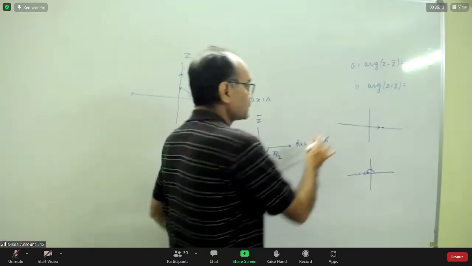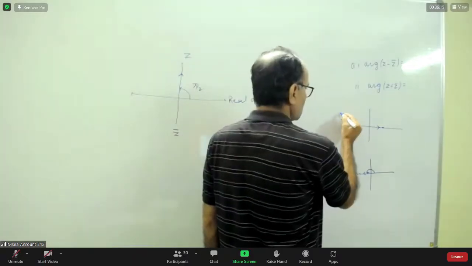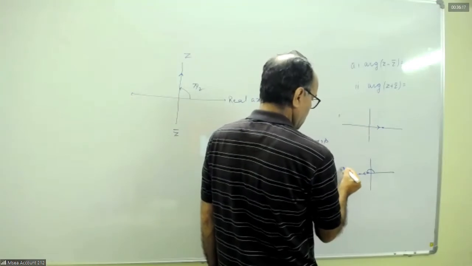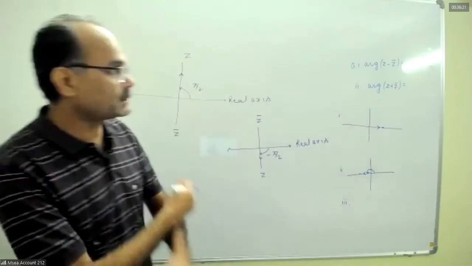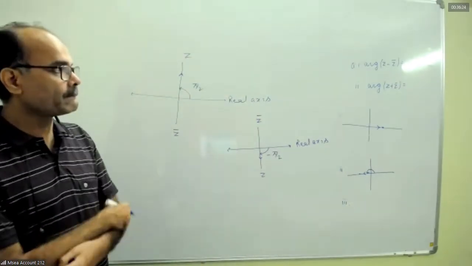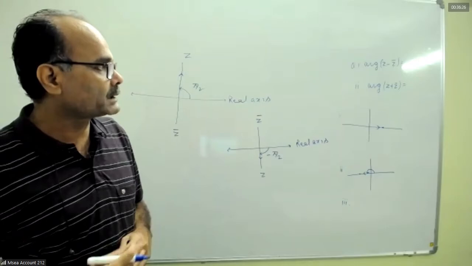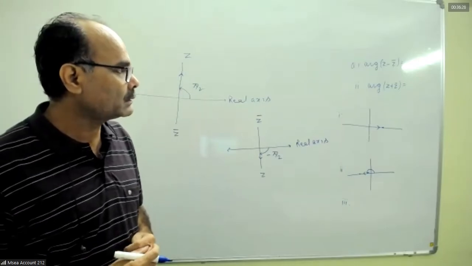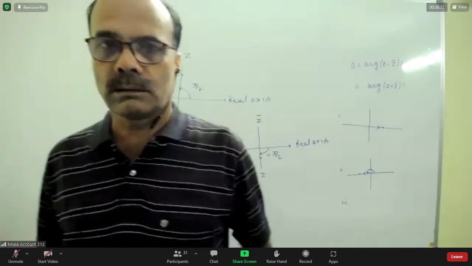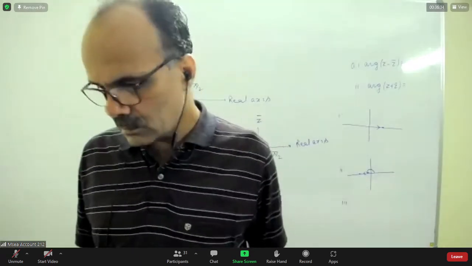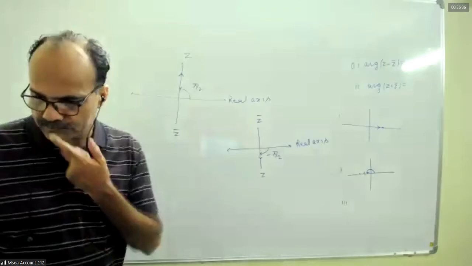And the third possibility is that the real part of Z can be 0. If the real part of Z is 0, then the argument is not defined. All three possibilities are there.